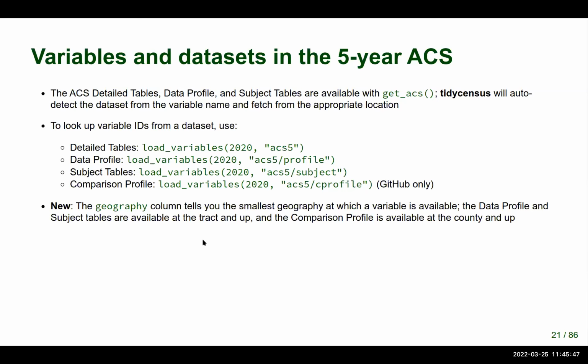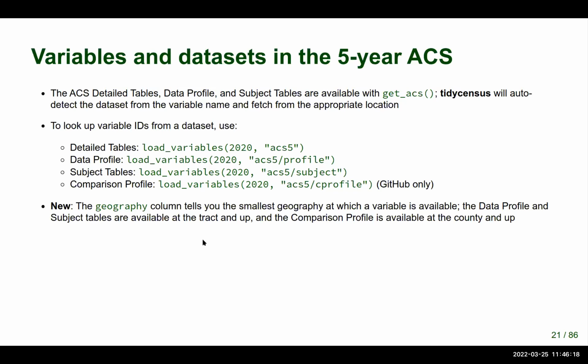If you want pre-computed data for common variables, take a look at the data profile or the subject tables. Those are pretty great because they give you pre-computed percentages for many interesting statistics that use appropriate denominators, or they use coarser age bands for, say, ages, which is sometimes nice. So they're much easier to browse. Take a look at those.